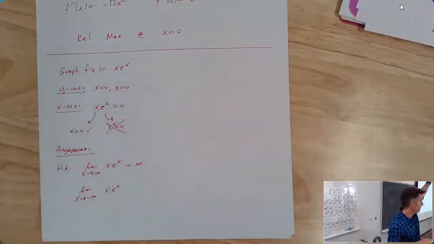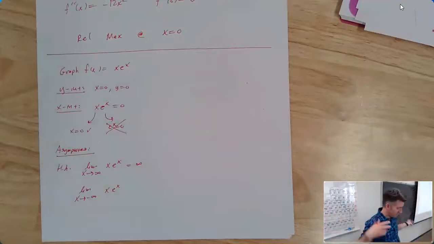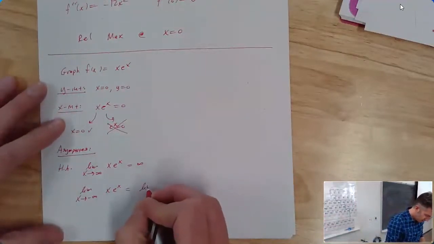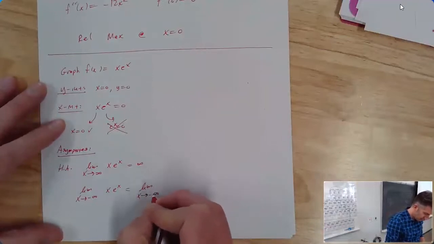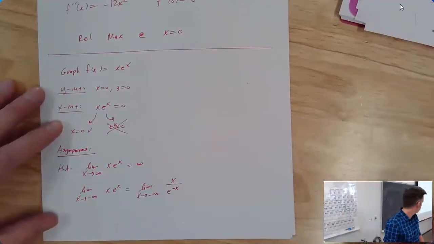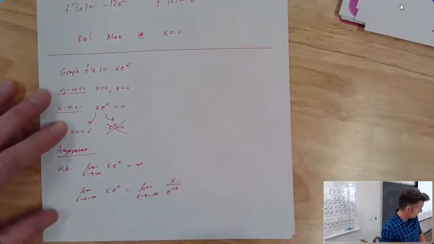To the right, e to the x goes to infinity. To the left, e to the x goes to 0. And what's negative infinity times 0? Right. It's actually indeterminate. It's like 0 divided by 0 or infinity divided by infinity. In fact, I would encourage you all to think of this as the limit as x goes to minus infinity of x divided by e to the negative x, which is a negative infinity over infinity.